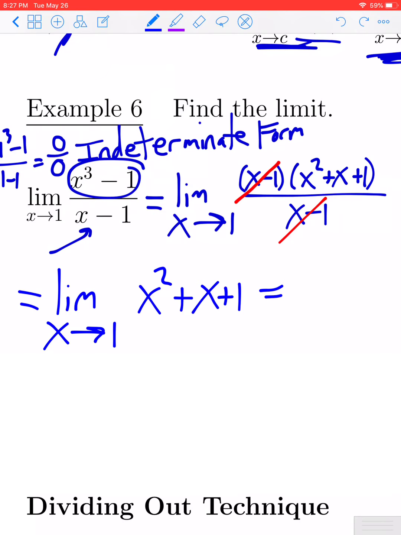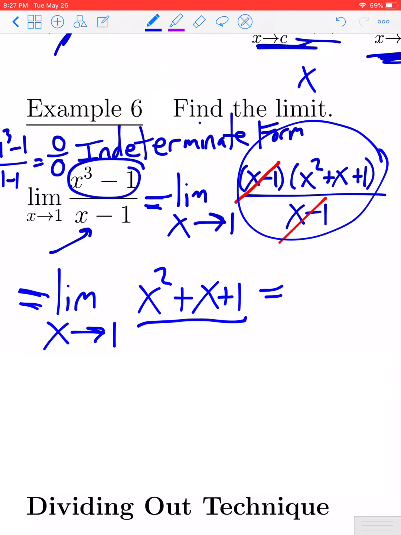However, after we algebraically reduce it, we know this is true via algebra, and this statement is true because the original function we started with is equal to this function at all values of x except x equals 1. The reason being the original was not defined at 1, whereas this reduced function is.